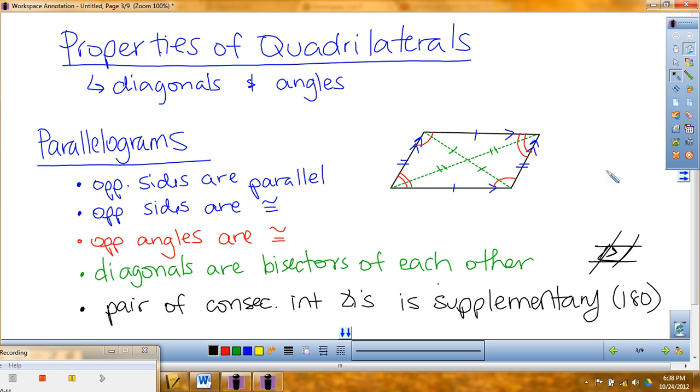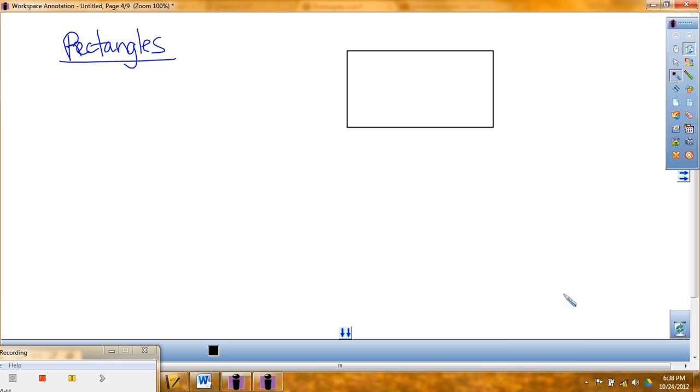Now let's go on to rectangles. All of the properties of parallelograms apply, since a rectangle is a parallelogram.